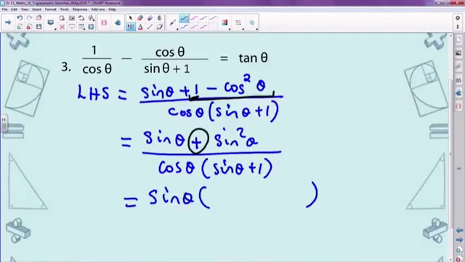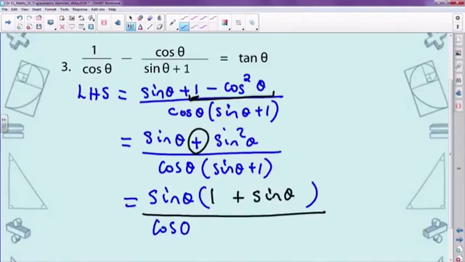So sine theta divided by sine theta is a 1, plus the sine squared theta over sine theta, that is your sine theta, all divided by cos theta, bracket, what do we have there? It's your sine theta plus 1.